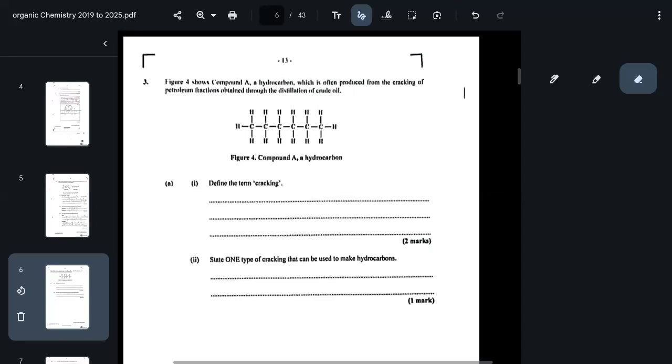It is asking us to define cracking and state one type of cracking. So anybody remember what we said happens in cracking? The breakdown of long chain alkanes into smaller alkanes and alkenes. Right. So we're just breaking up alkanes into smaller alkanes and alkenes.